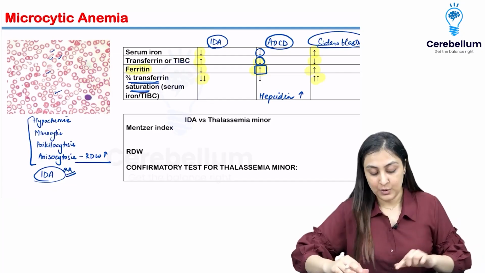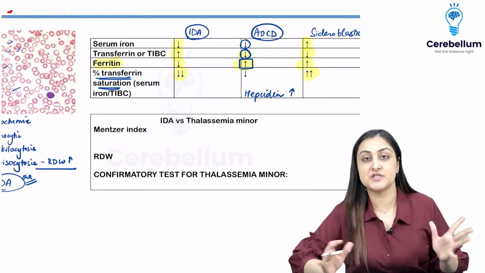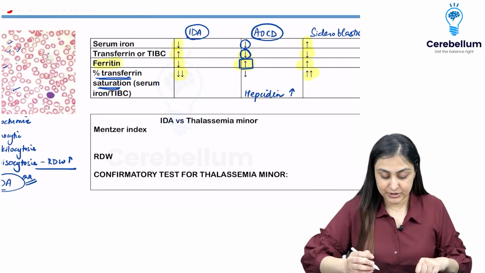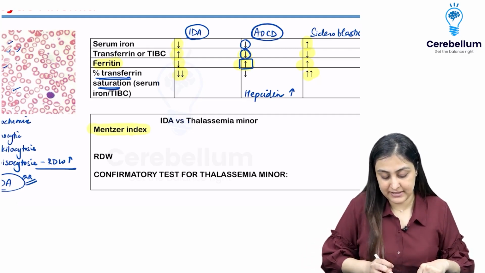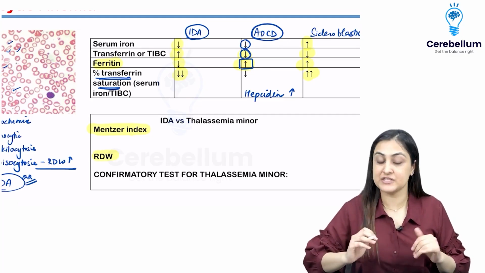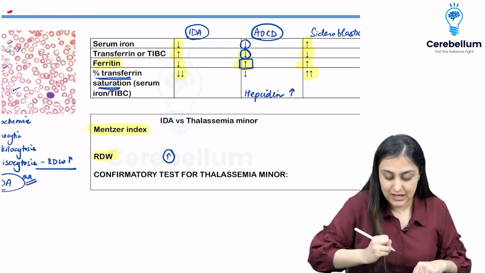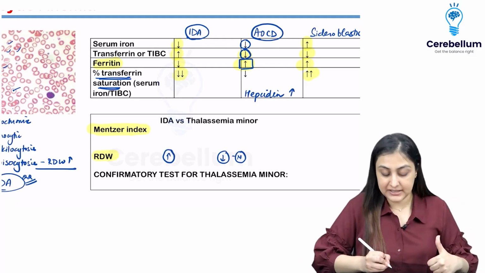Okay. Now, iron deficiency anemia and Thal minor can have a lot of similarity in the iron profile as well. So how do you distinguish these? So for that, for the exam purpose, Mentzer index is very important, and RDW if it's given, it's the easiest. So you want to remember in iron deficiency, like we saw, RDW is increased, whereas in Thal minor it is reduced to normal. Mentzer index means what?